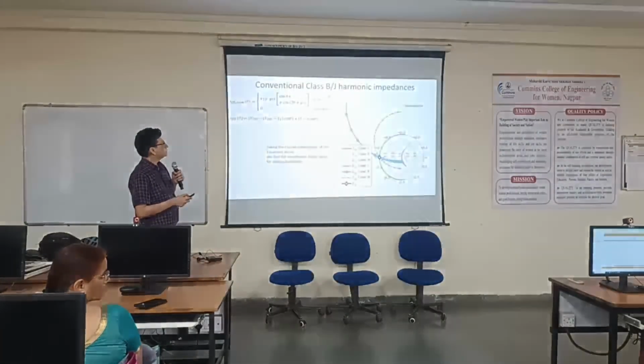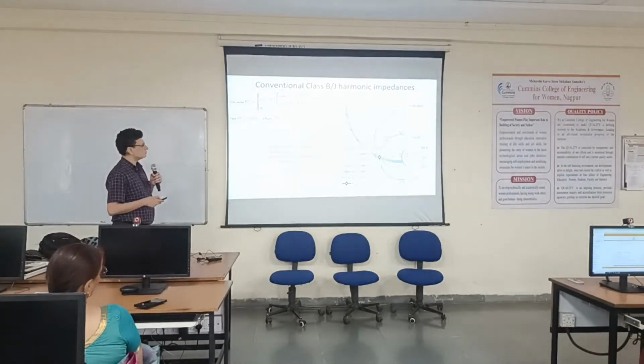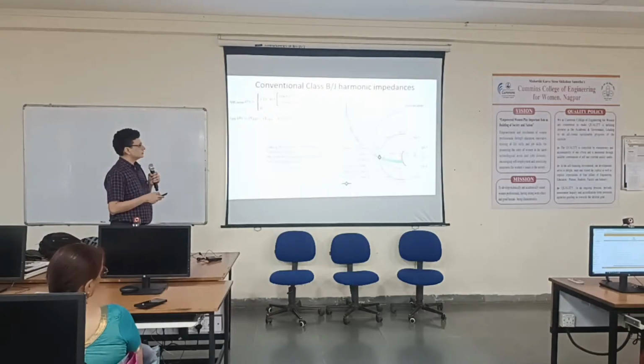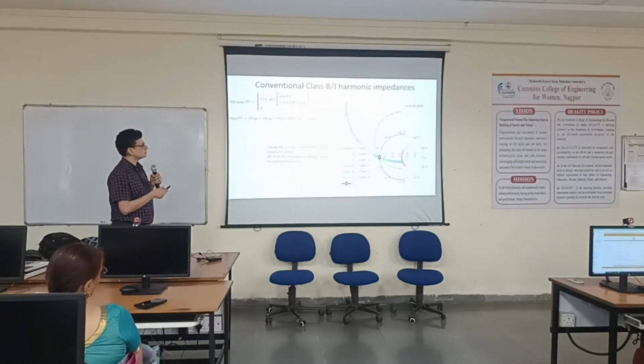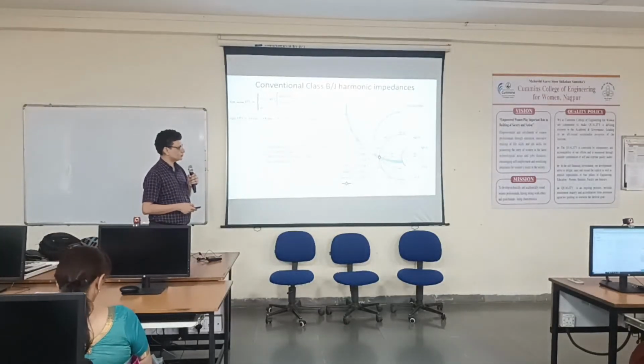So conventionally, the class B amplifier that we chose has a model like this. This is the drain current, and this is the drain to source voltage. And these are the loads for the various cases.